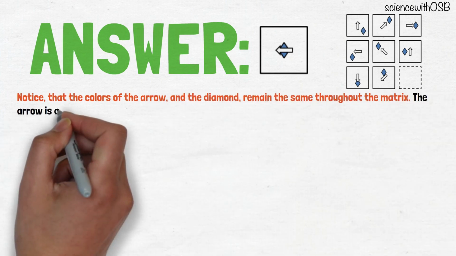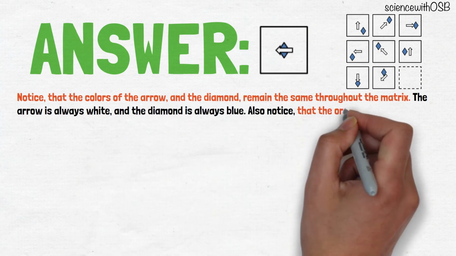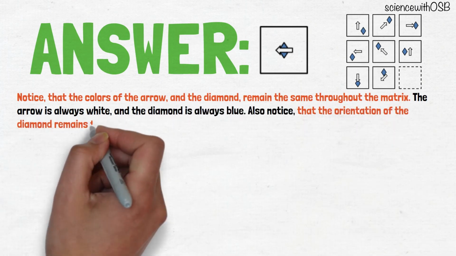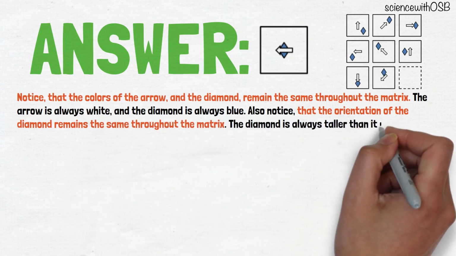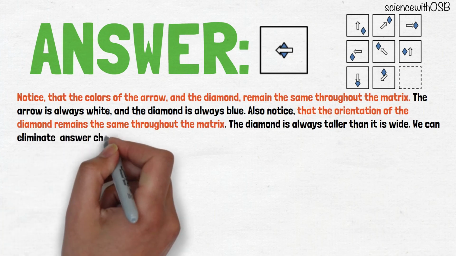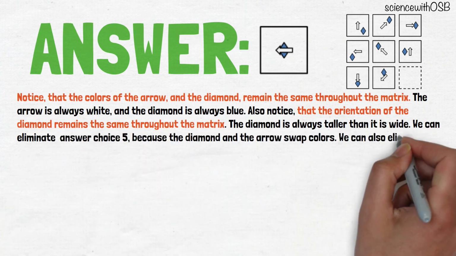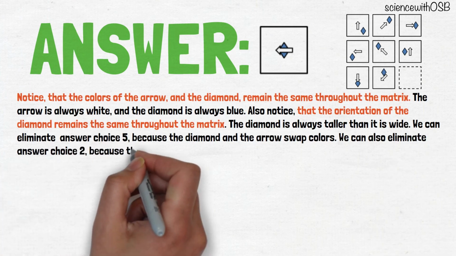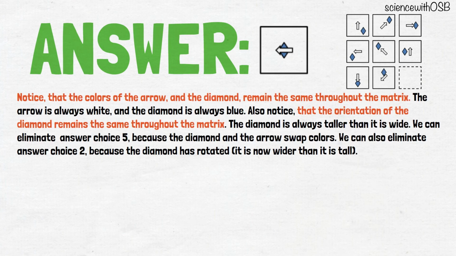The arrow is always white and the diamond is always blue. Also notice that the orientation of the diamond remains the same throughout the matrix. The diamond is always taller than it is wide. We can eliminate answer choice 5 because the diamond and the arrow swap colors. We can also eliminate answer choice 2 because the diamond has rotated. It is now wider than it is tall.